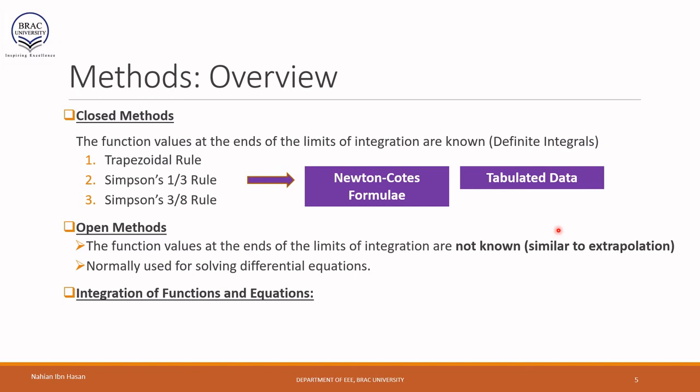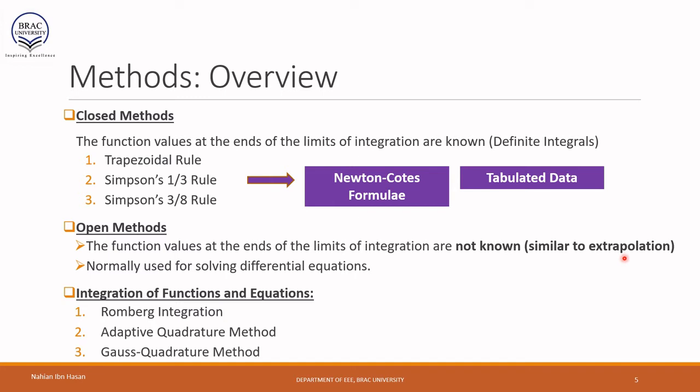And we also use other methods to calculate the integration of functions and equations. So closed methods are used for tabulated data, and open methods are used for solving differential equations. But to find the integration of functions and equations, we have to move to other special methods like Romberg integration, the adaptive quadrature method or the Gauss quadrature method. So these methods are used for functions and equations.